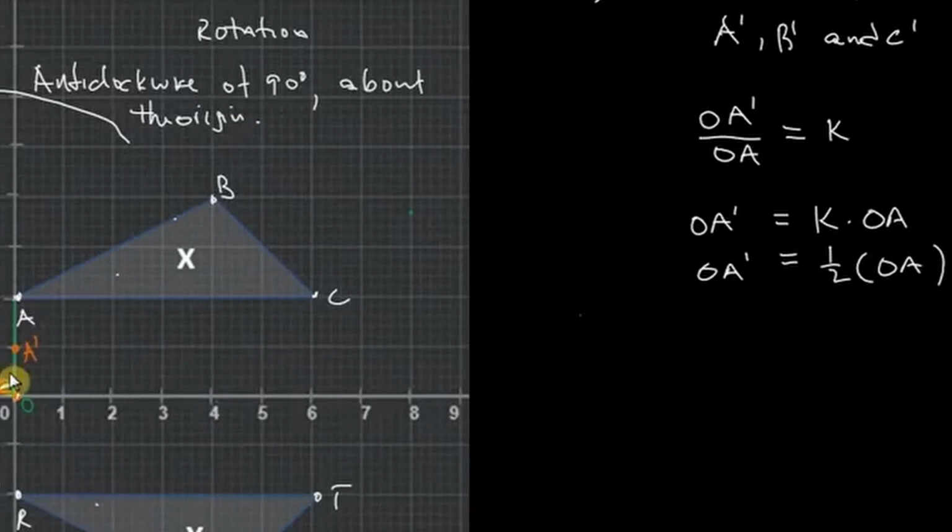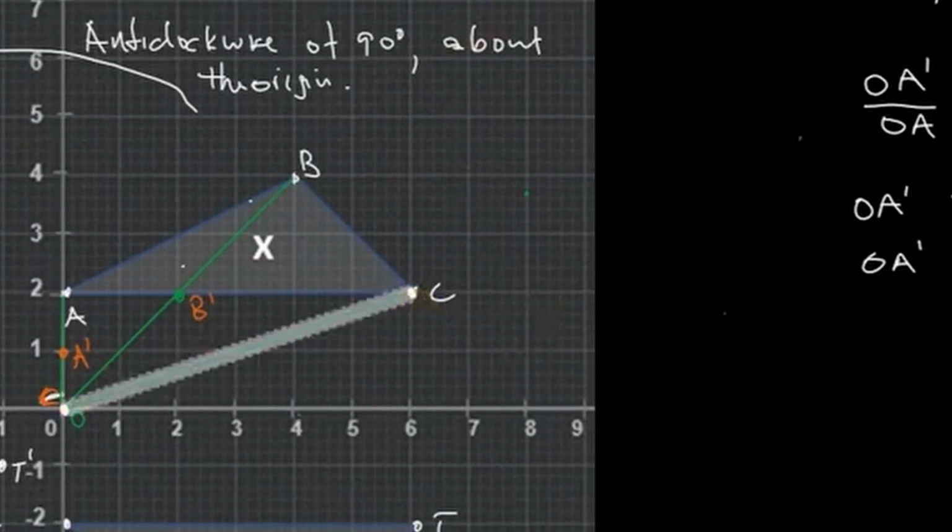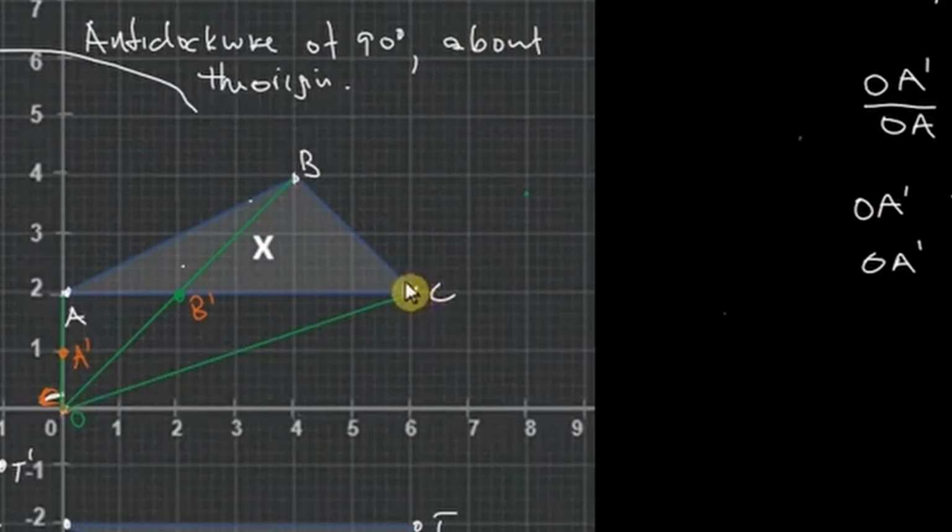Let's continue. Let's first draw a line between O and B. And if this represents OB, then we know that O to B prime is halfway along this line. So it's located exactly at the halfway point. So that would be here. So this would be B prime. Similarly for C, we draw the line between O and C, and we know that C prime is located exactly at the halfway point.